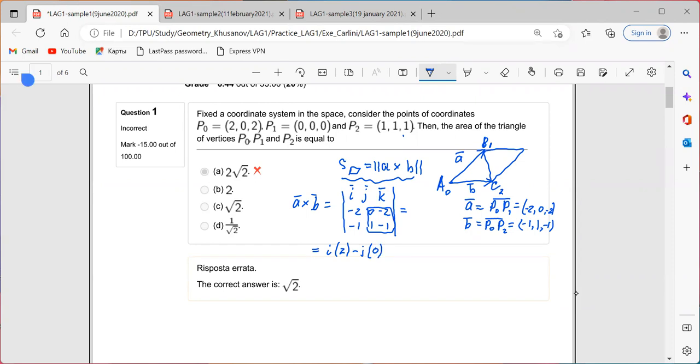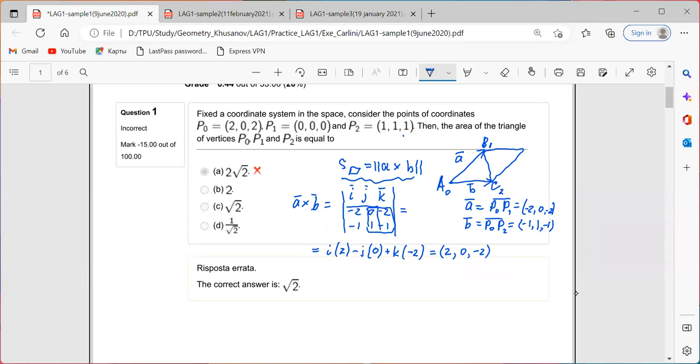Then we have to consider plus k, and the cofactor of k, we have this one, and it will be minus 2. So the determinant, we have a vector. We can write the components of this vector, the i, j, and k components: 2 according to i, 0 according to j, and minus 2 according to k. So we have to consider the norm of this vector.